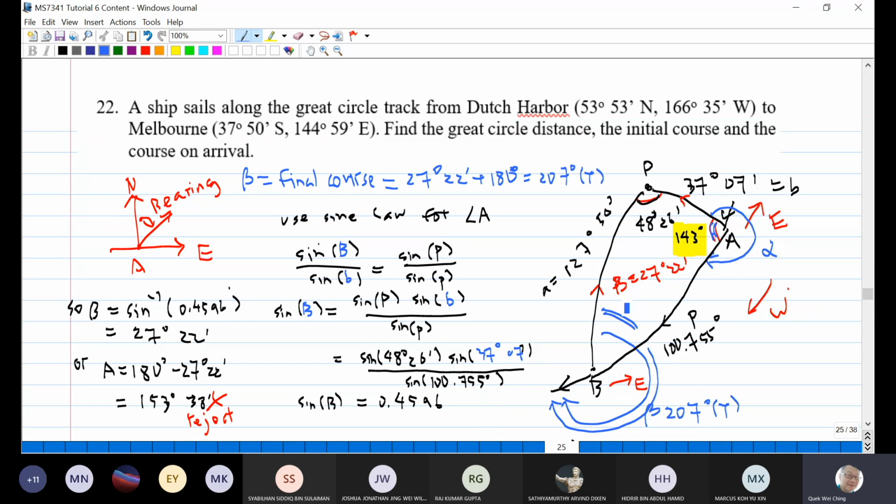Okay, from here to here, you want to see the bearing, this 207, whereas this one is 217. So you find the final course, which is beta here.